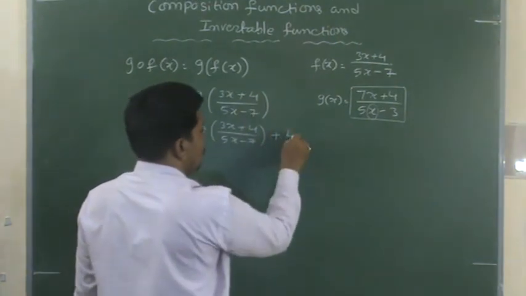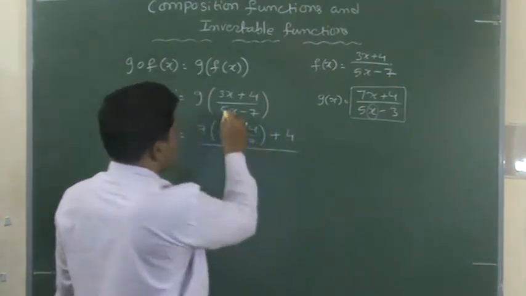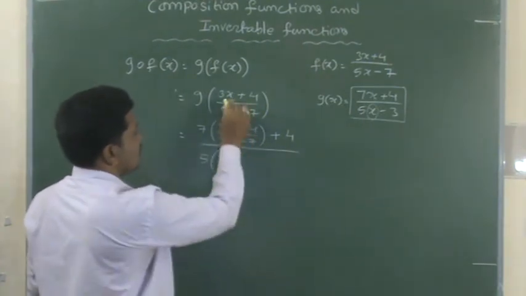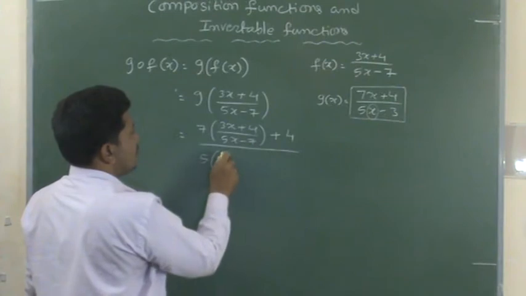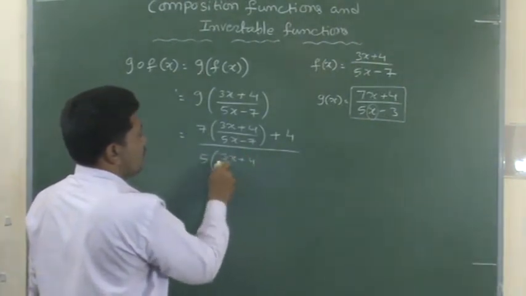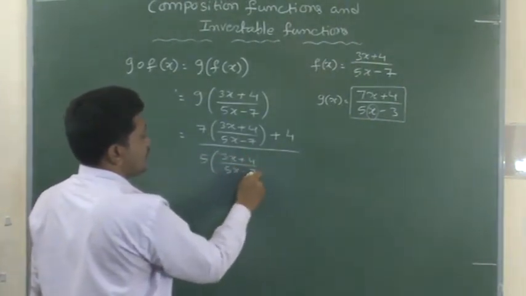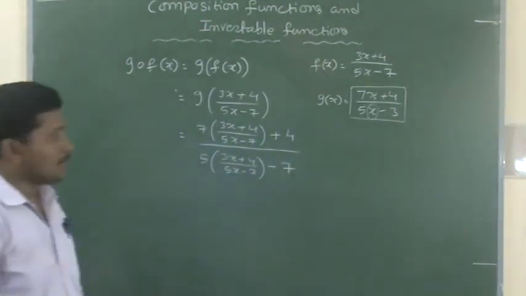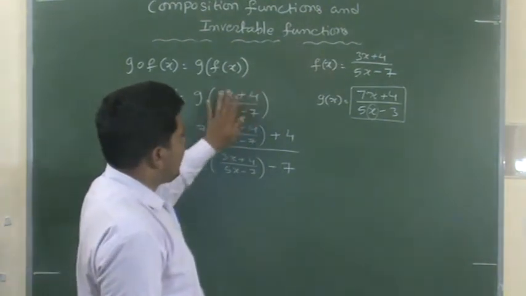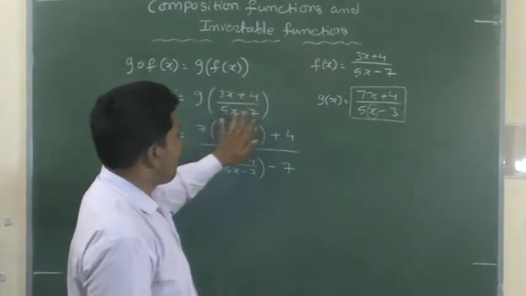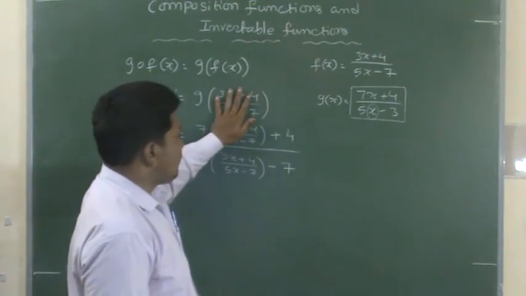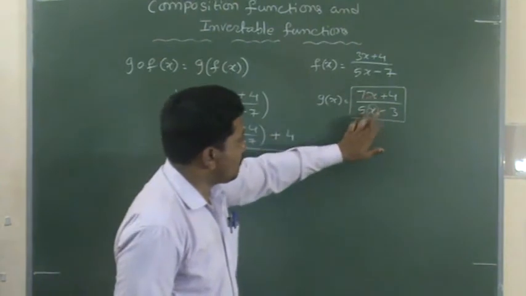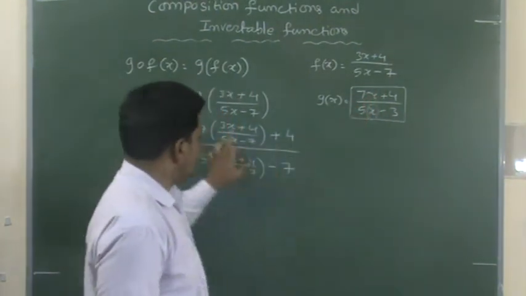Plus 4 by 5 into, again, this one is x, right? (3x plus 4) by (5x minus 7) minus 7. Do you understand? Once again I repeat. Here the x value is (3x plus 4) by (5x minus 7). This x value, g of x is the definition. So this entire value is replaced here and here in place of x. So I wrote like this.